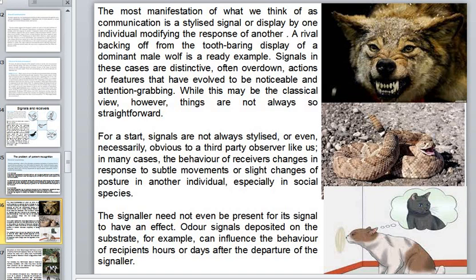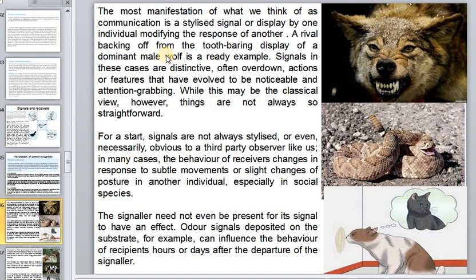So first we shall look at some of the characteristics of signals and how they convey messages from the sender, how the sender can say what it wants.